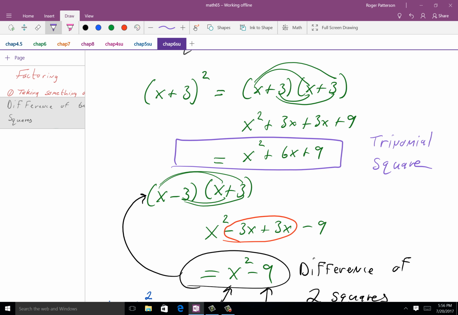Which comes from this, x plus 3 quantity squared. All right, you can't really recognize it so much, but if you take x plus 3 times x plus 3, you get this thing. And it's a trinomial square. And I guess you could say, well, the square root of 3 doubled gives me 6. And that's kind of how you recognize it.